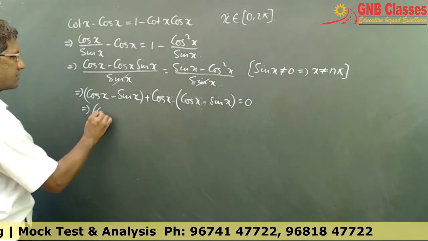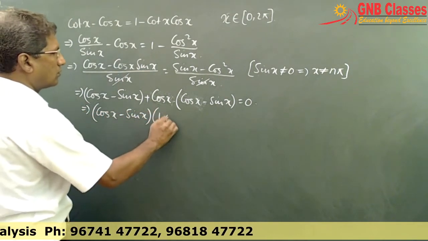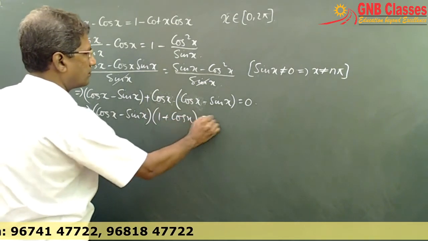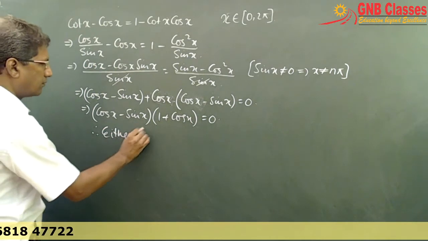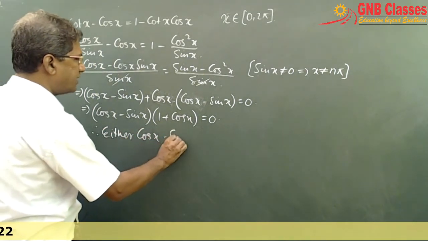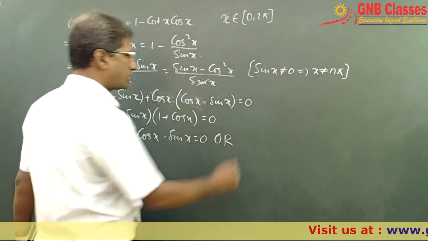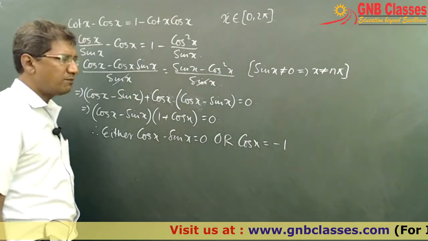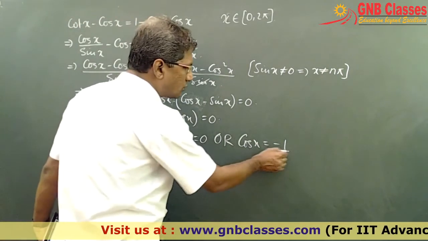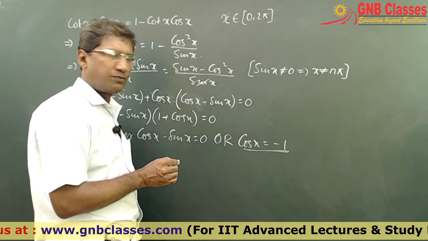That implies, therefore either cos x minus sin x is equals to 0 or cos x will be equals to minus 1. Okay? Now if cos x equals to minus 1, tell me where cos x becomes minus 1.